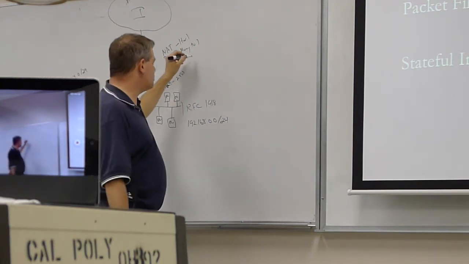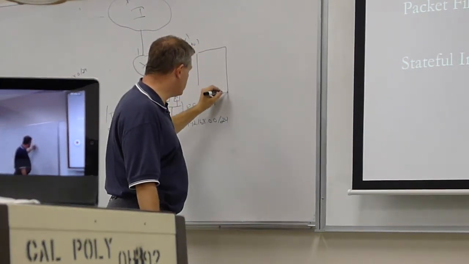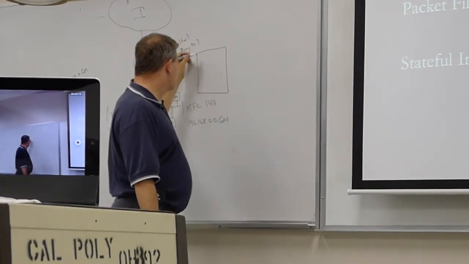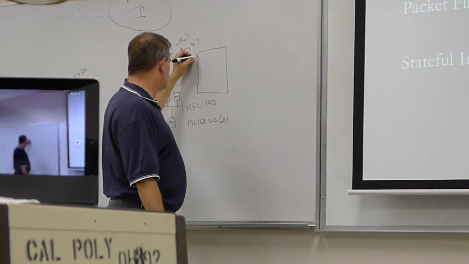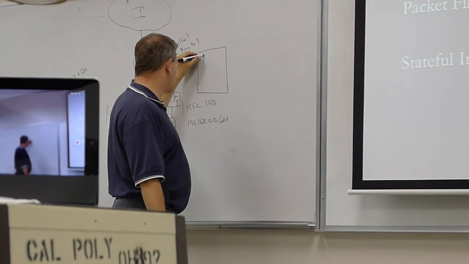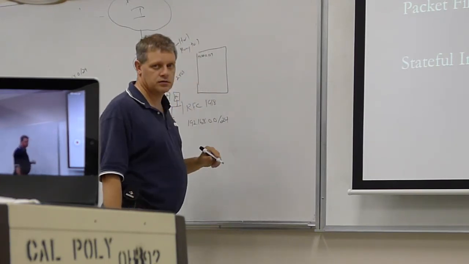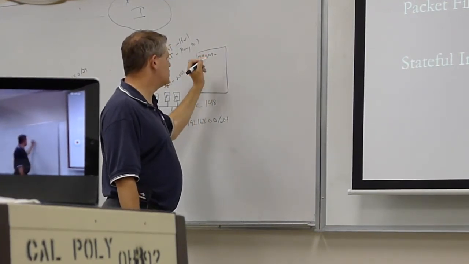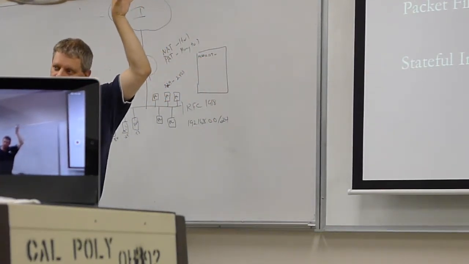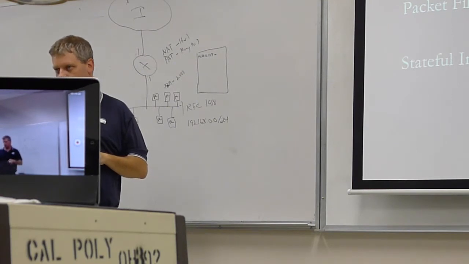What the router will do is it will build a table so that 192.168.0.129 is going to get assigned a higher level port number, TCP port number.